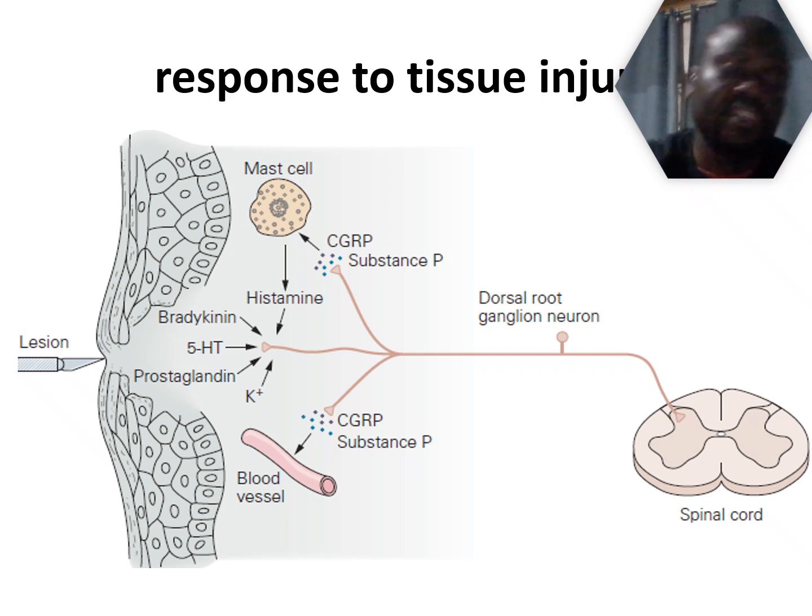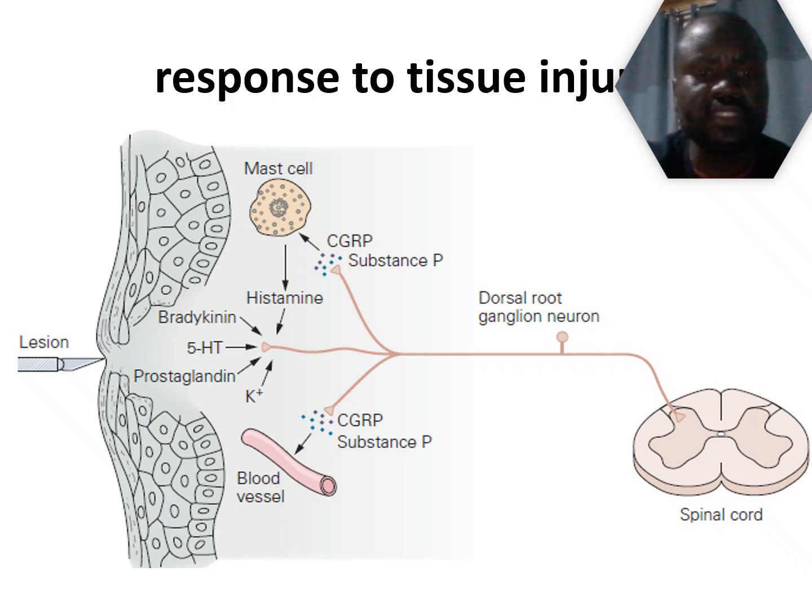One of the things that also happens with injury is an activation of an enzyme called phospholipase A2, which converts the membrane phospholipids into arachidonic acid. Arachidonic acid is converted by the cyclooxygenase enzyme into many compounds, including prostaglandins. The prostaglandins and the bradykinin will also increase further stimulation of the free nerve endings.